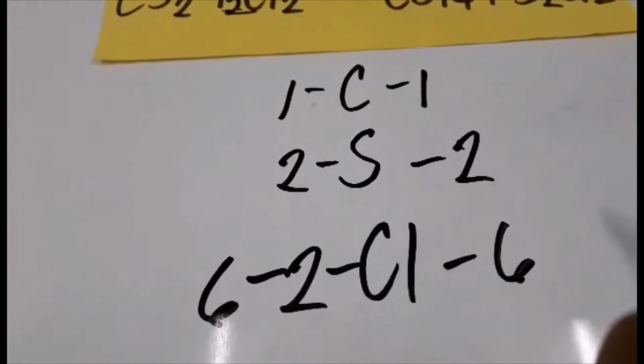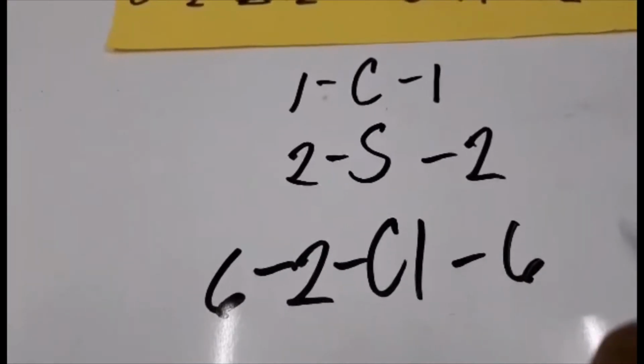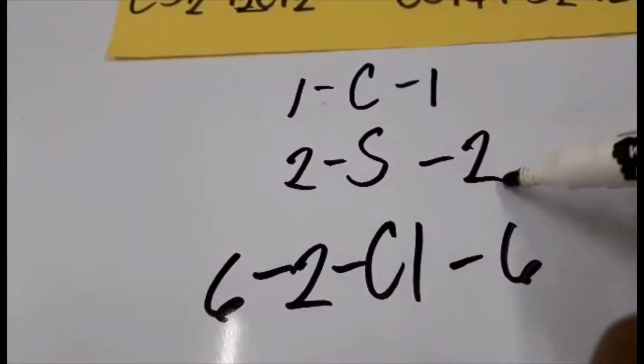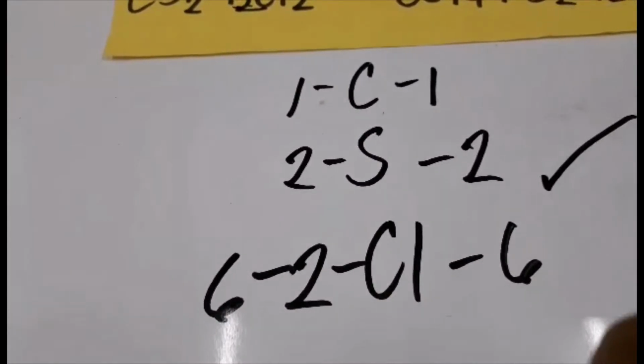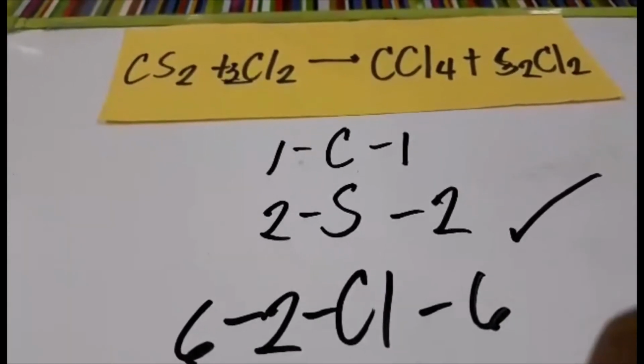There is already 2, so we will use 3 as our coefficient number. So 3 times 2 becomes 6. So we have already our balanced equation now. Carbon is 1, sulfur is 2, chlorine is 6. And this is already balanced. So that is our second equation.